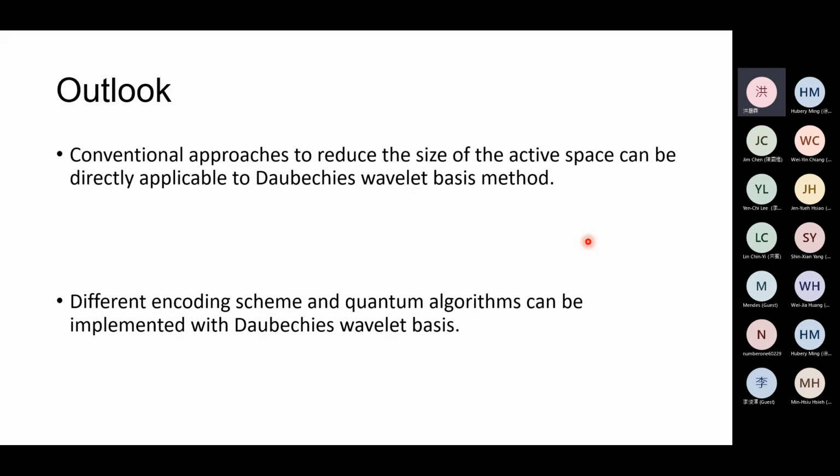Also, as I said before, in the y direction, the method part, after choosing the better Hamiltonian, we can also use different encoding schemes and quantum algorithms with the Daubechies wavelet basis. Okay, here is the end of my talk. If you have any questions, feel free to ask me.